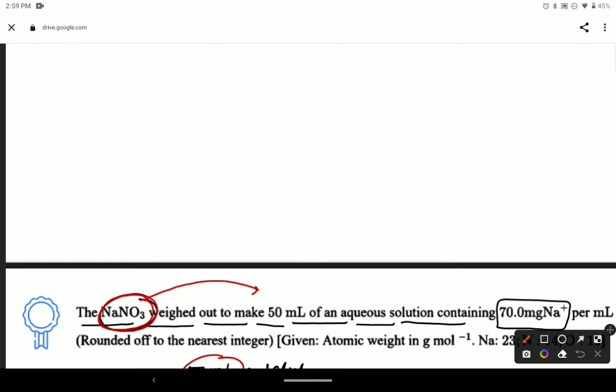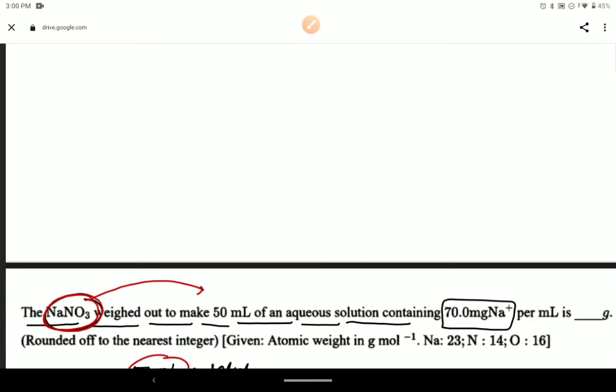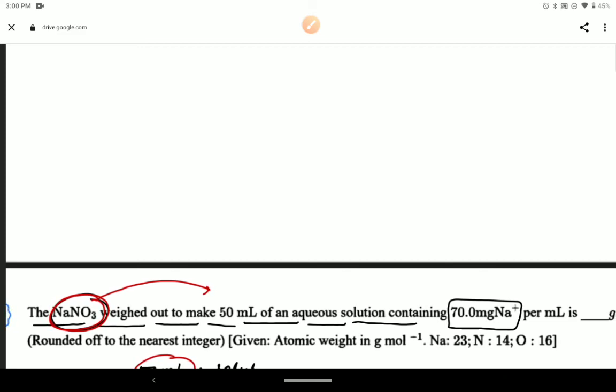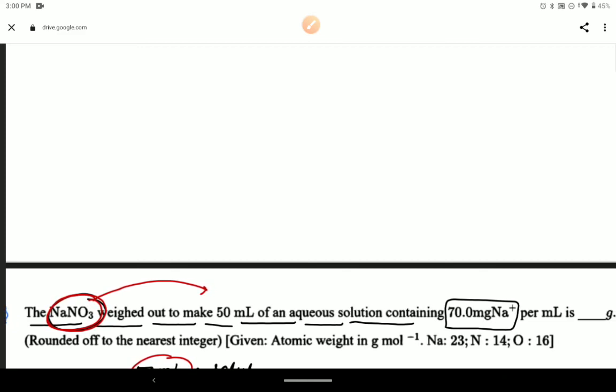See here carefully what we are asked. First try to understand the question. I'll tell you in Telugu. NaNO3 weighed out to make, this is sodium nitrate.